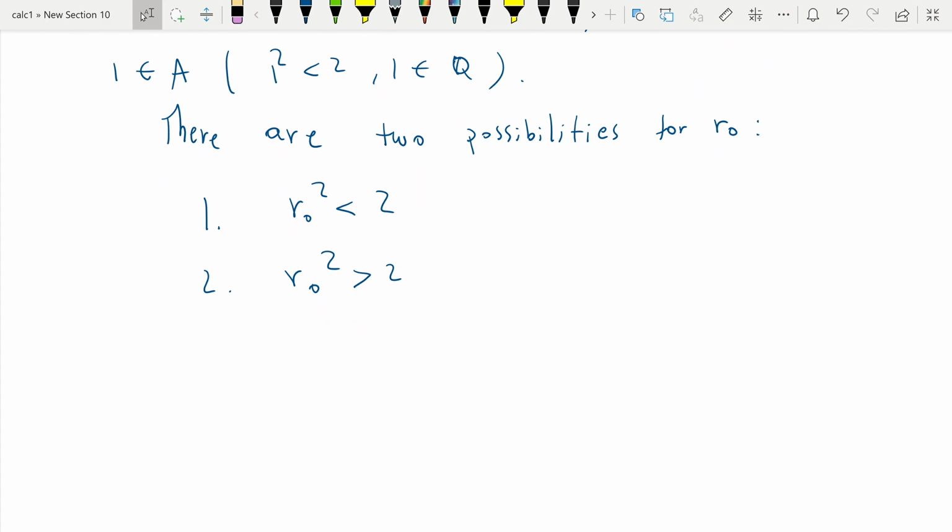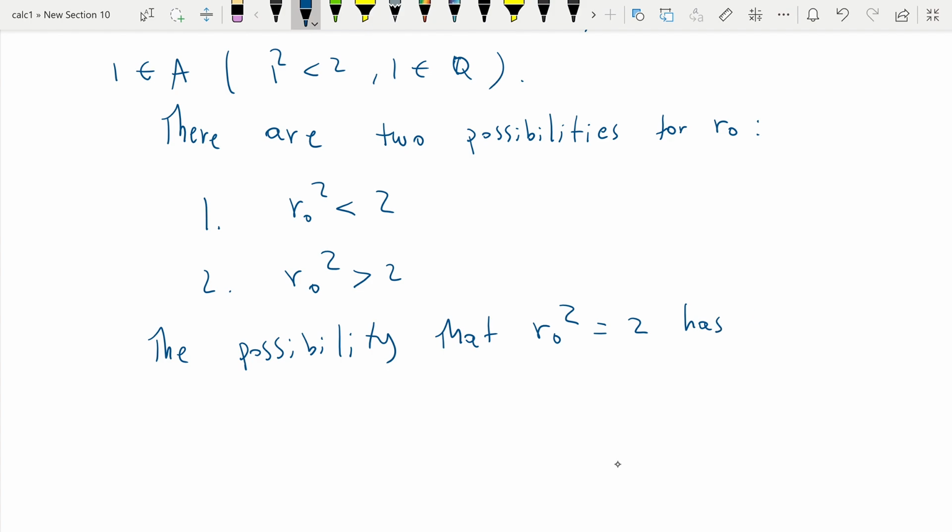Why are there only two possibilities? Because r naught squared equal to 2 has been ruled out already.